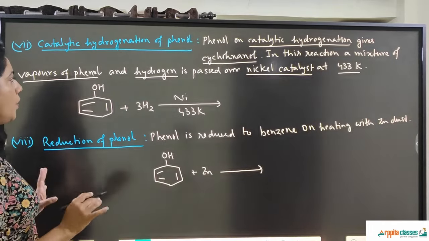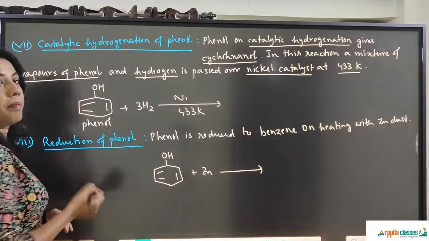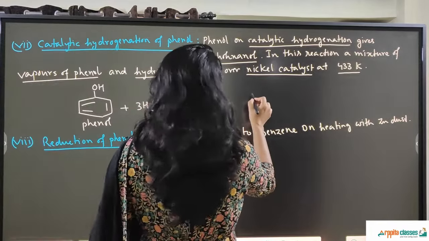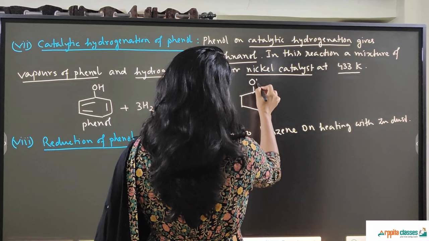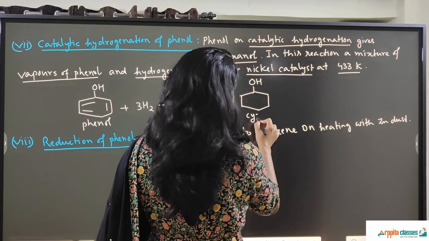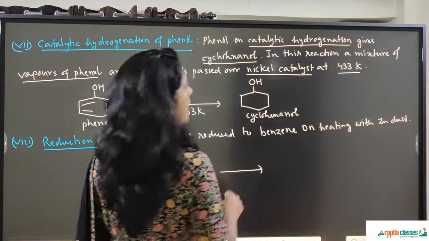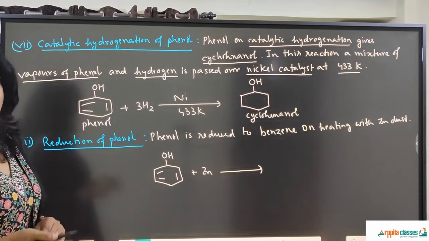So you understood the whole process. This is my phenol, the phenol vapors and hydrogen are passed over nickel catalyst at 433 Kelvin. So we get cyclohexanol. What is cyclohexanol? It is cyclohexane with the OH group attached to the ring.